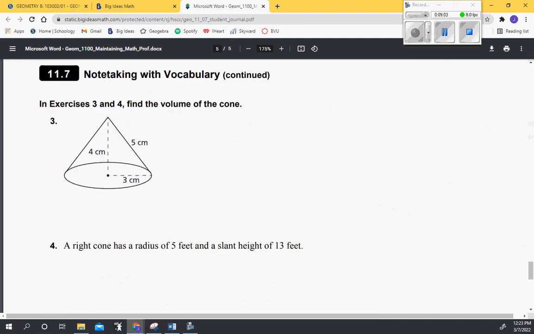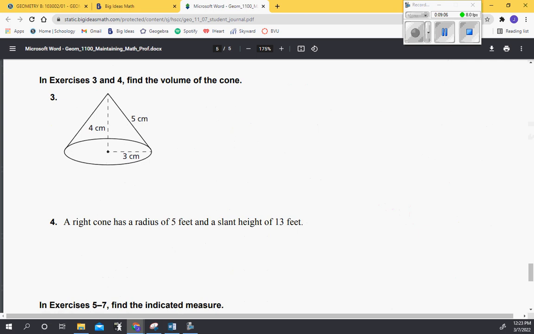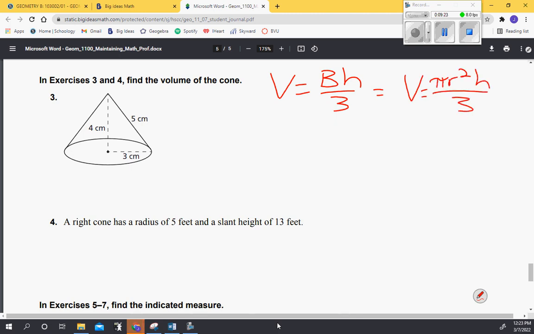Now let's get to volume. Remember, the volume of the cone is equal to base times height divided by 3. Or pi r squared times height divided by 3. I like this second one better.